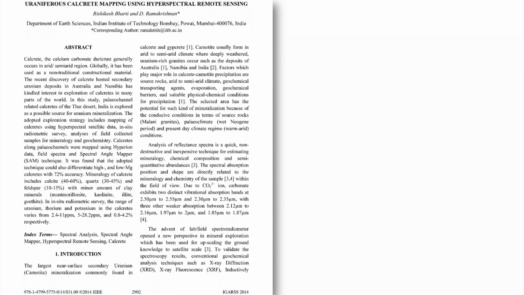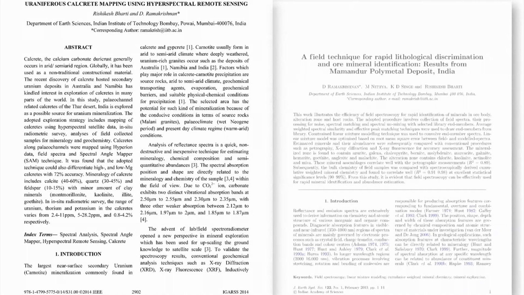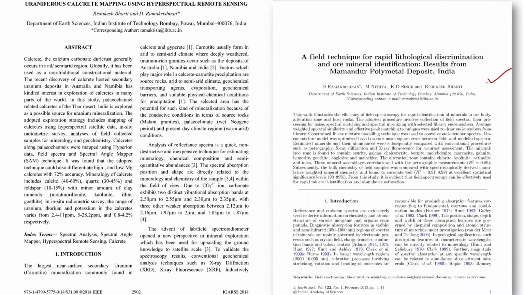In another paper, again the uraniferous calcrete were mapped using this hyperspectral remote sensing. This paper highlights the advantages of hyperspectral remote sensing, in particular spectroscopy in the field, for mapping the lithology or the ore mineral identification. Now, let us start with lithological discrimination and ore mineral identification.